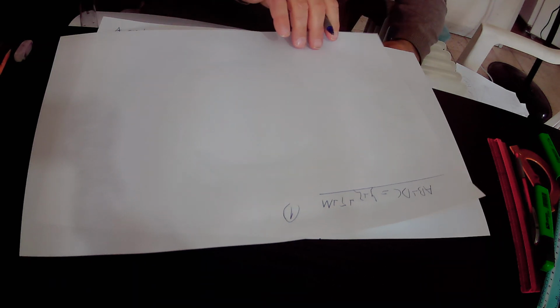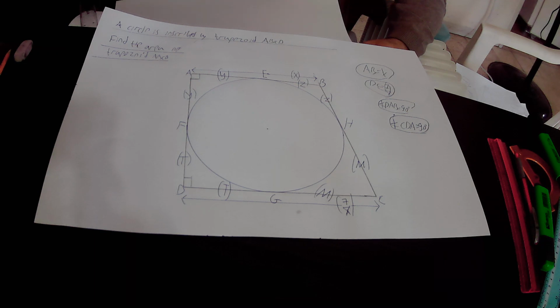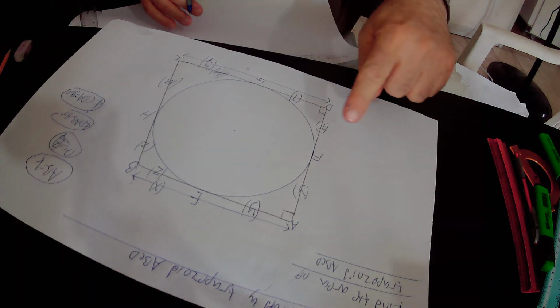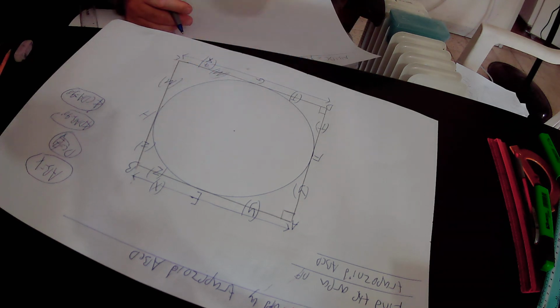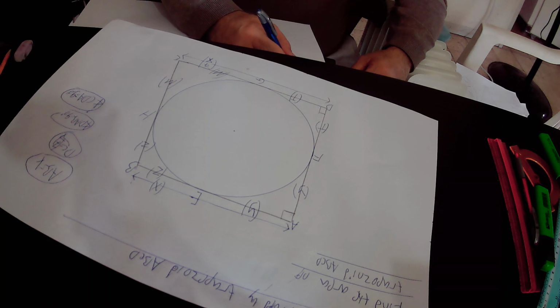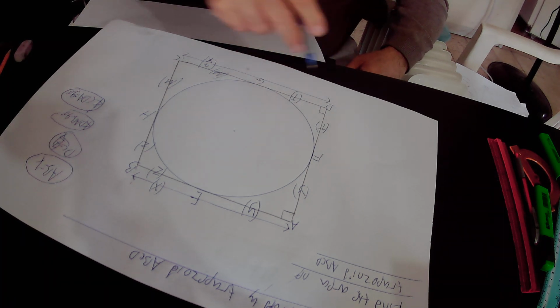Okay. Likewise, we will join side AD to the opposite side BC. AD plus BC. So what is the value of AD plus BC?